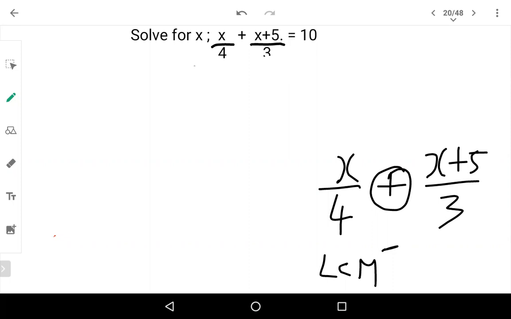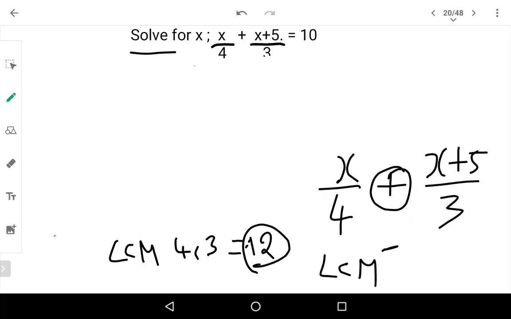Now, we are supposed to find x here. That's what is given in the question. Solve for x. So, we will first find the LCM of 4 and 3. When you find the LCM of 4 and 3, you get 12. Correct? Another way of finding LCM is to multiply the denominators. 4 3s are 12.